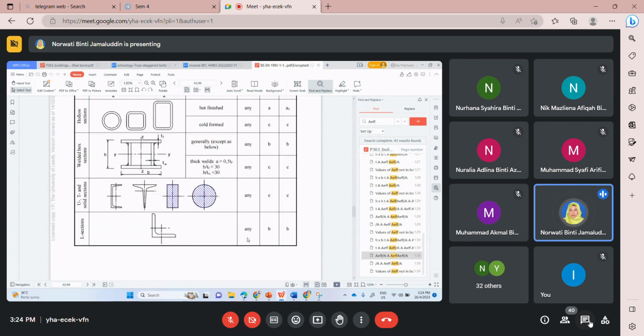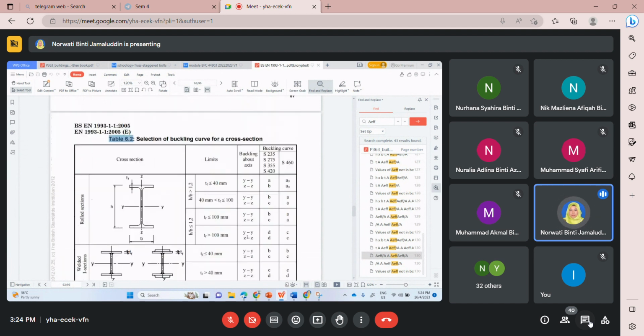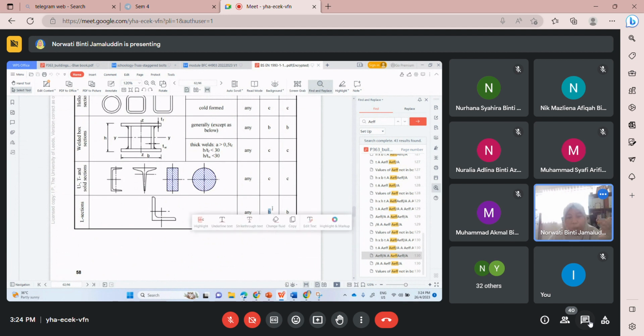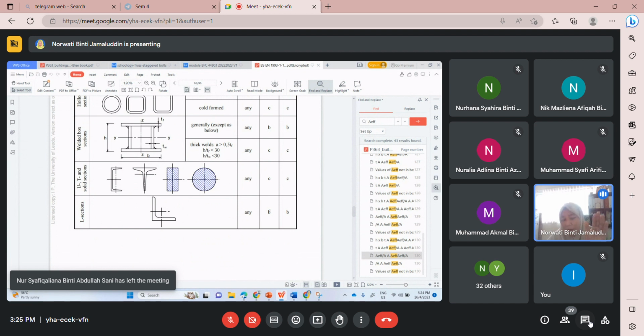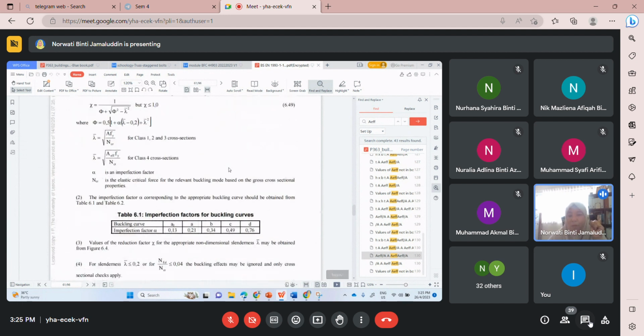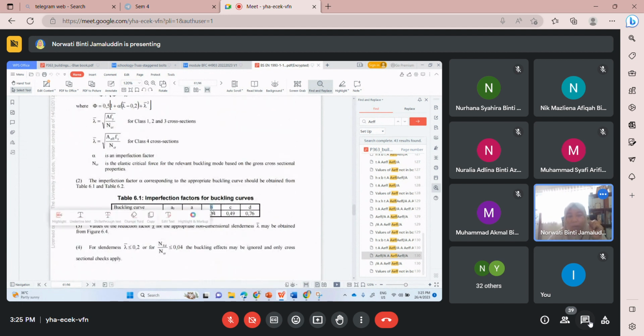Doesn't matter Y or Z, any axis. For Y and Z, the buckling curve for S355, you need to refer to B. Buckling curve B, doesn't matter for Y or Z.